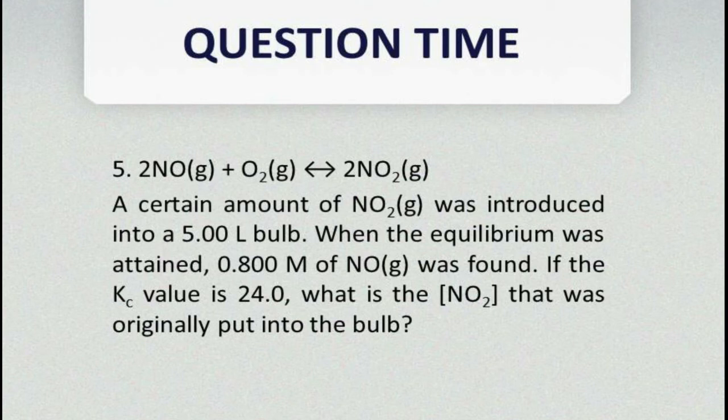When the equilibrium was attained, a 0.800 molar concentration of NO gas was found. If the Kc value is 24.0, what is the concentration that was originally put into the bulb?